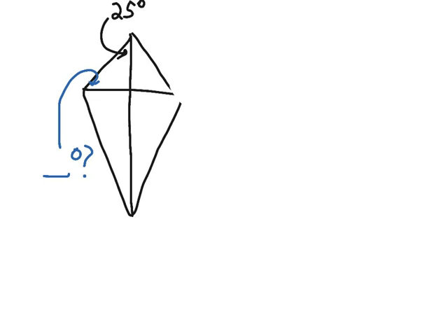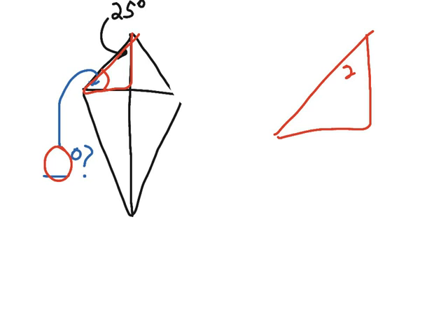Here's an example of a kite, and in this kite we're supposed to figure out what the measure of that angle is inside the kite. Well, what I'm going to do is copy this shape out right here, nice and big. And this is 25 degrees.